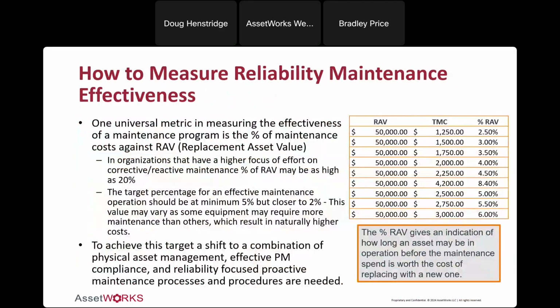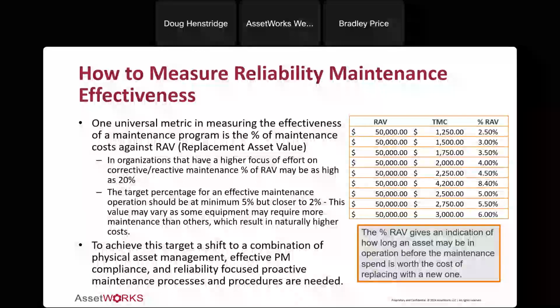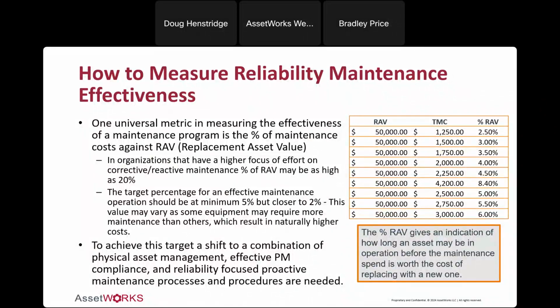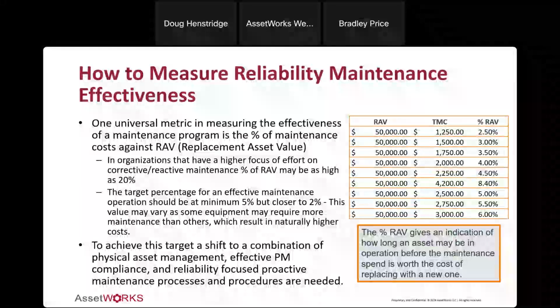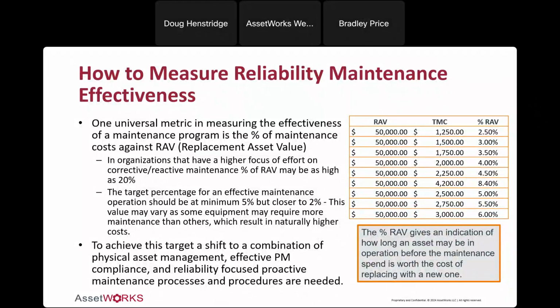So I mentioned the replacement asset value. Essentially what you look at here is you want that to be less than 5%, but like I said, closer to 2%. And what this tells us is when the cost of maintenance equals the cost of replacement, effectively.